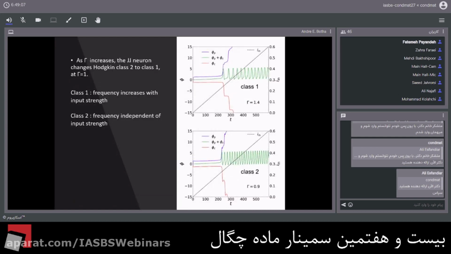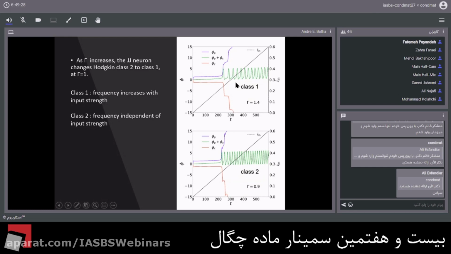Then thirdly, as I said, there are two classes of Hodgkin neurons that were described originally. In a class 1 neuron, the frequency increases with input strength, whereas in a class 2 neuron, the frequency is more or less independent of the input strength.